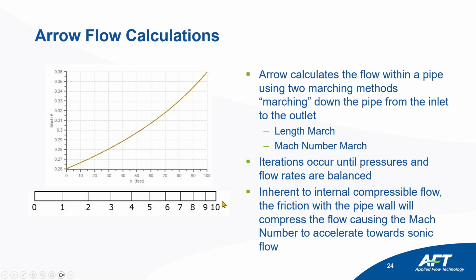Kind of a fascinating thing about compressible flow. It will continue to iterate through these approaches until the pressures and flow rates are balanced, giving you a good calculation of the mass flow rate in your compressible flow problems.